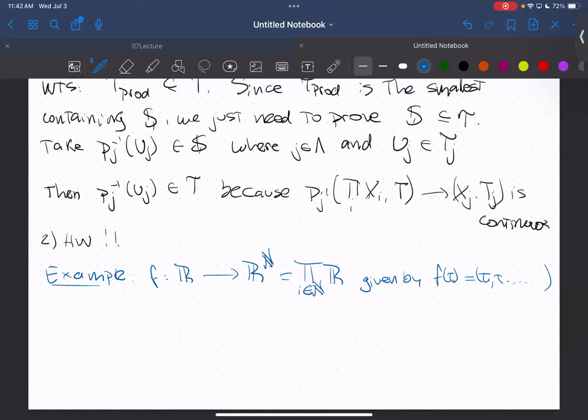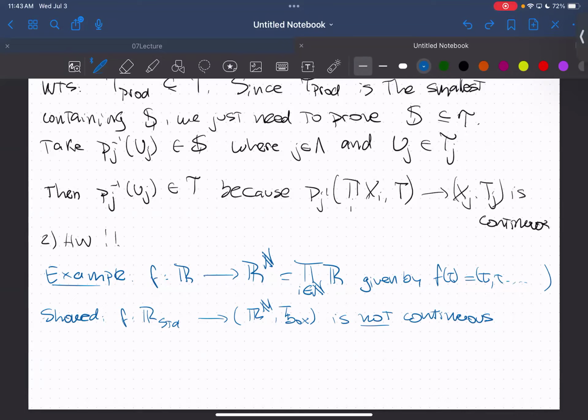So I asked you to show, you showed, if you consider the standard topology on the reals, the function going to the product with the box topology is not continuous. Actually, I showed this.